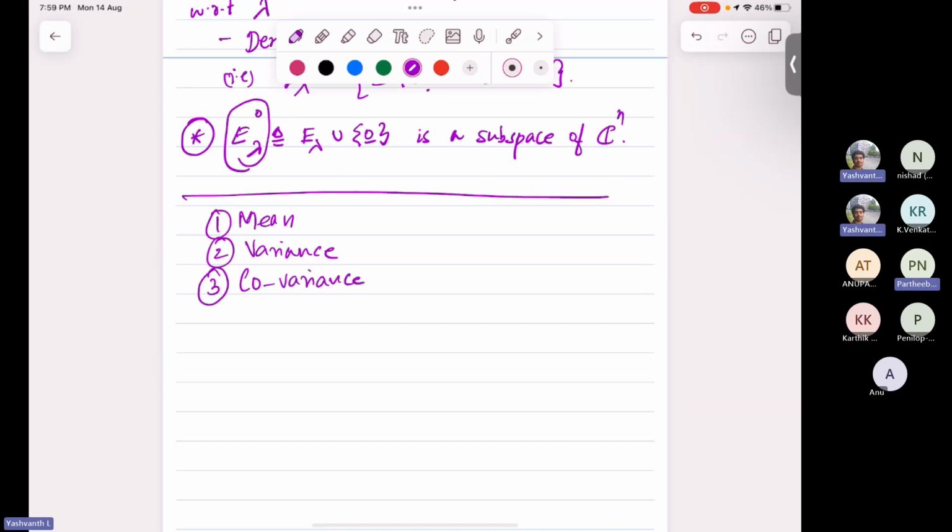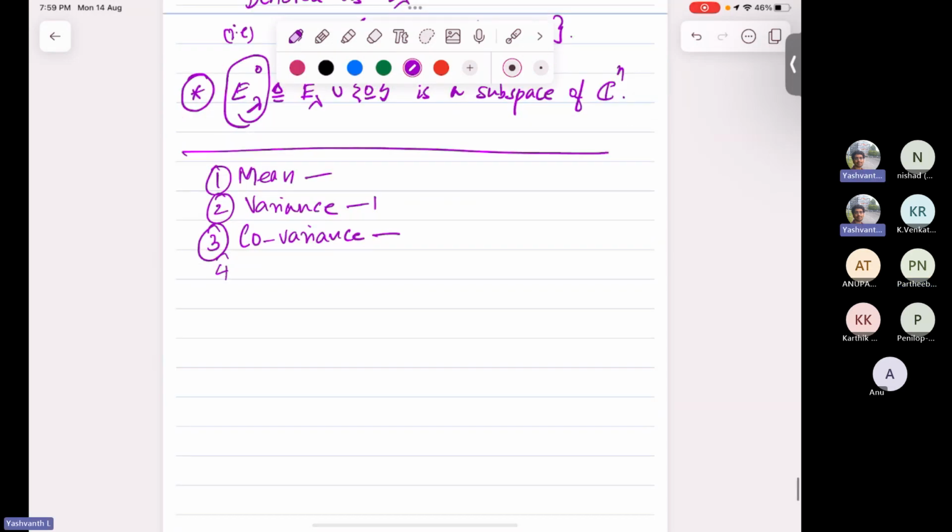Mean is defined for one random variable. Variance is defined for one random variable. Covariance is defined between two random variables. Similarly, correlation is the same as covariance of two random variables if the random variables are zero mean. These are very basic; you just need to know the definitions and the corresponding mechanics.